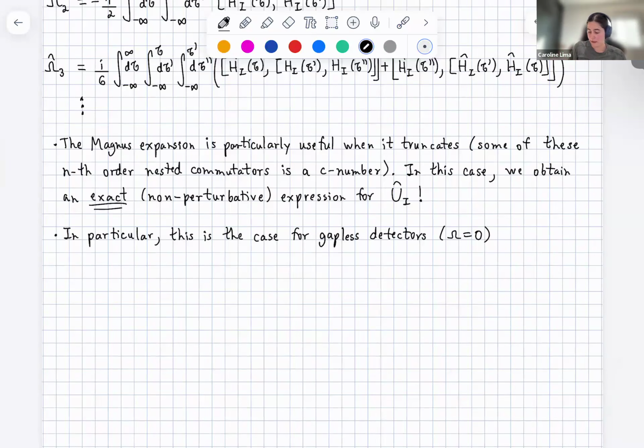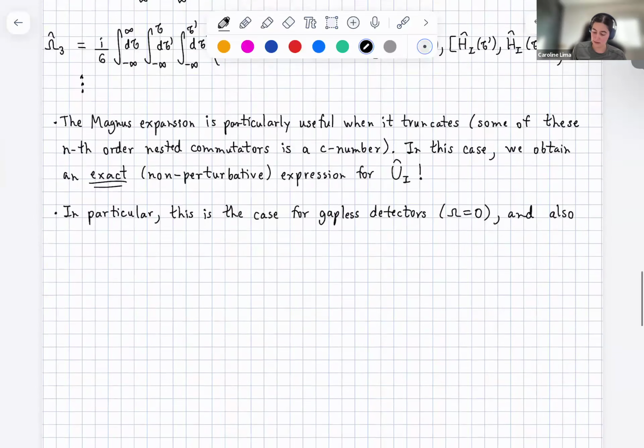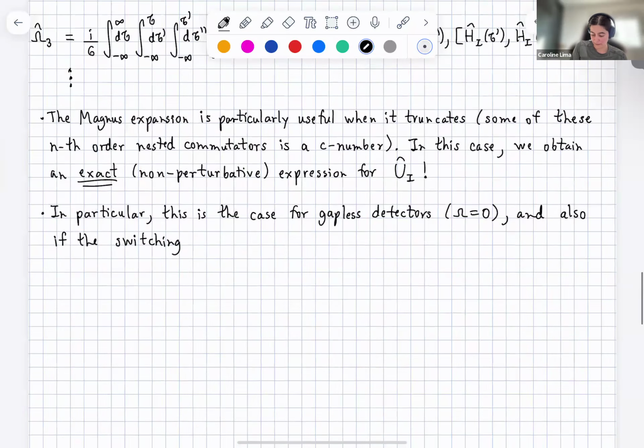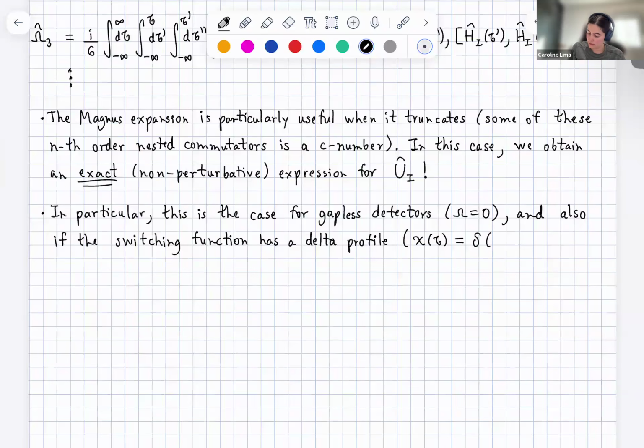So and then there's also another situation, which is when the switching function has some delta profile. What I mean by this is exactly that the switching function is just going to be some delta.